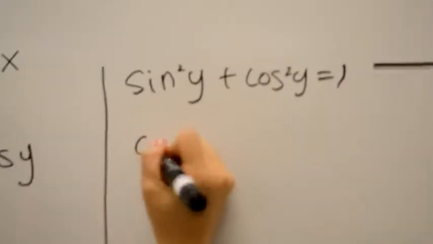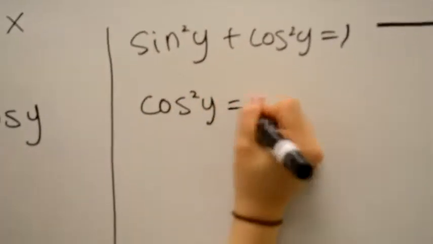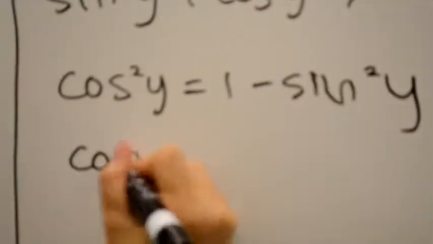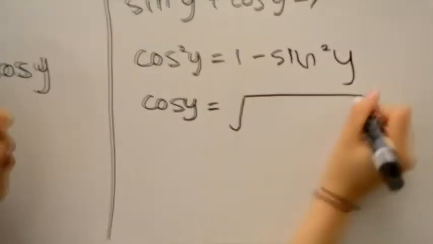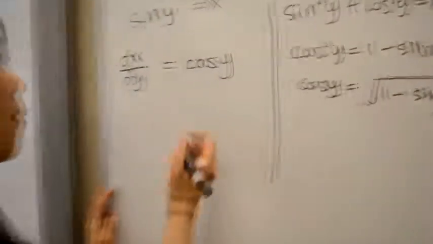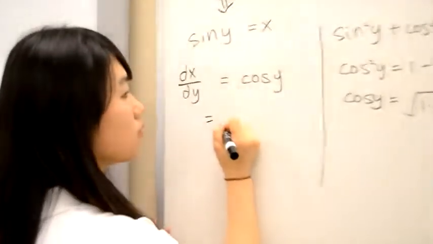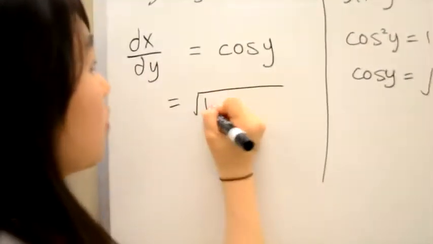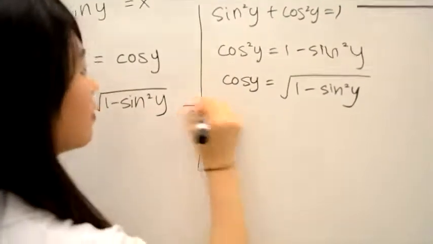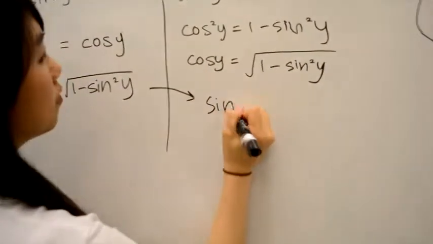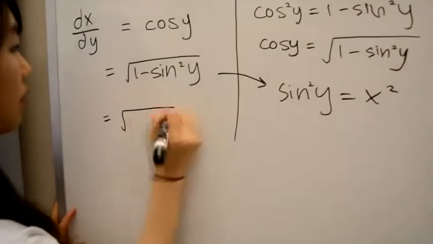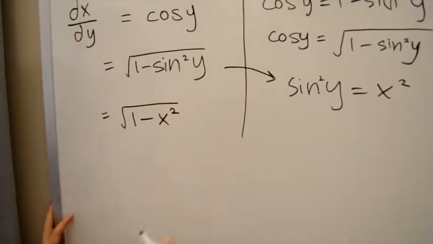In here we have to use trigonometric function identities, which is gonna be sine square y plus cosine square y equals 1, and cosine square y equals 1 minus sine square y, and that gives us cosine y equals the square root of 1 minus sine square y. And since it is given that sine y equals x, that will equal square root of 1 minus x squared.